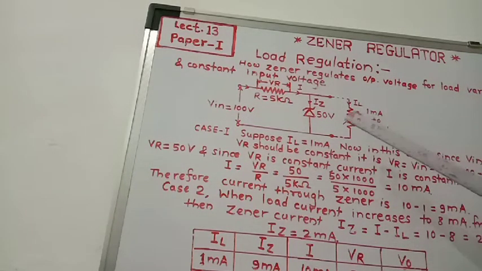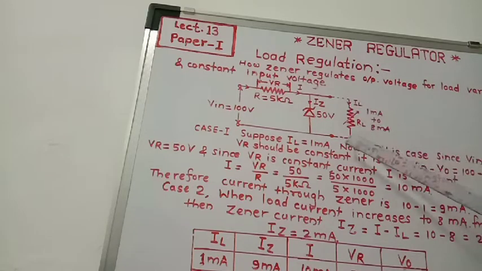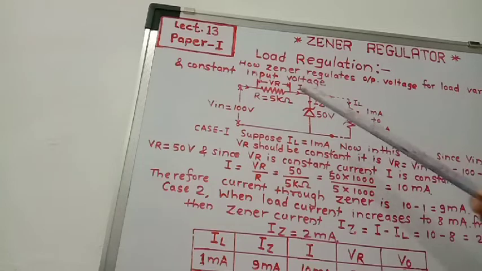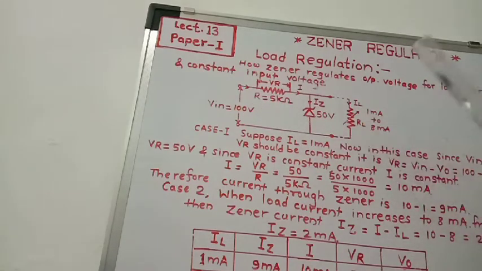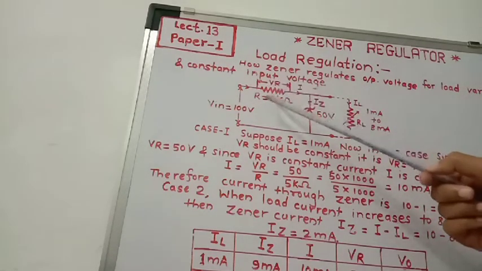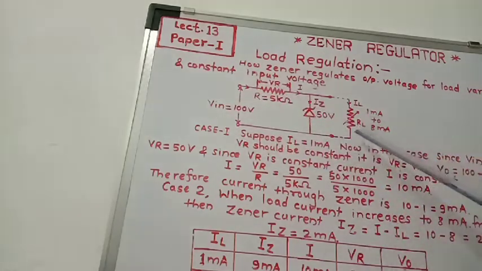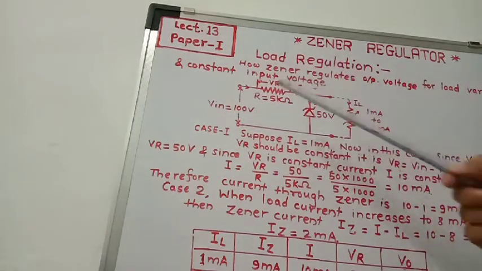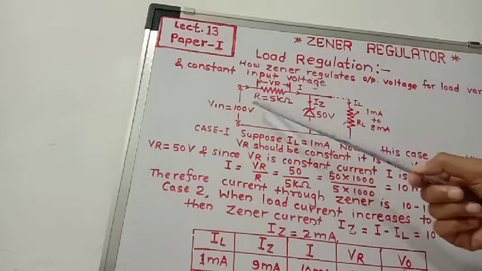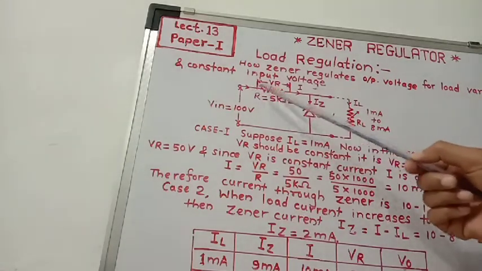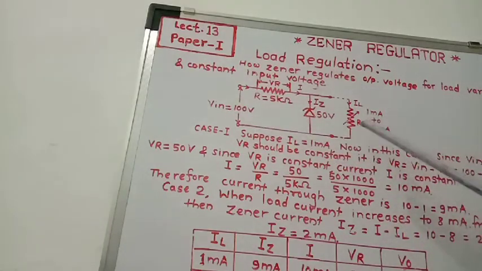Since the voltage across RL, the output voltage, is 50 volt, the voltage drop across the resistance R is VR equal to VIN minus VO, that is 100 minus 50, which is 50 volt. Here R is equal to 5 kilo ohm.